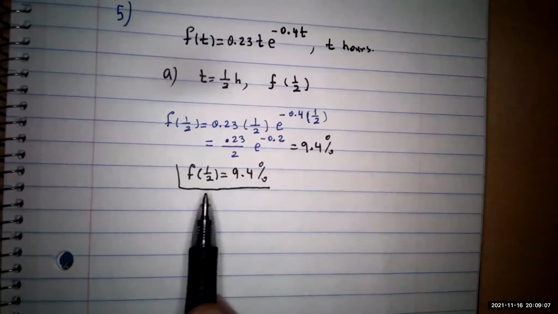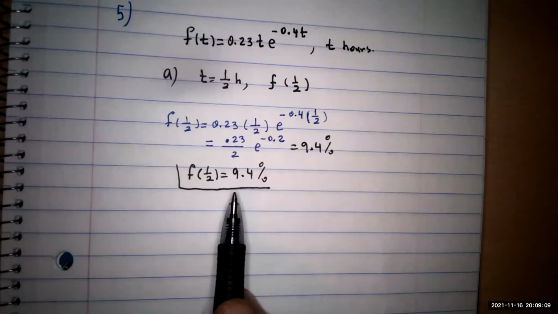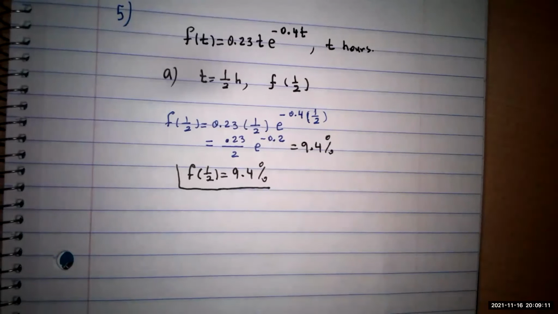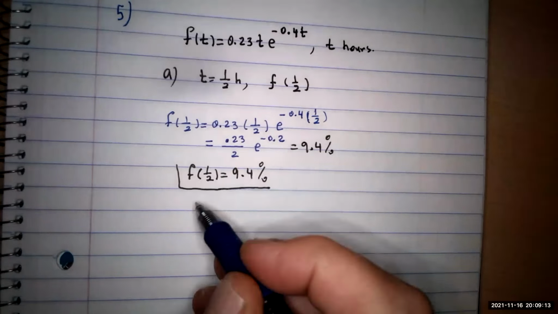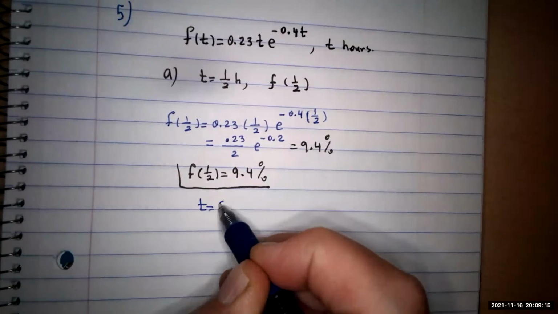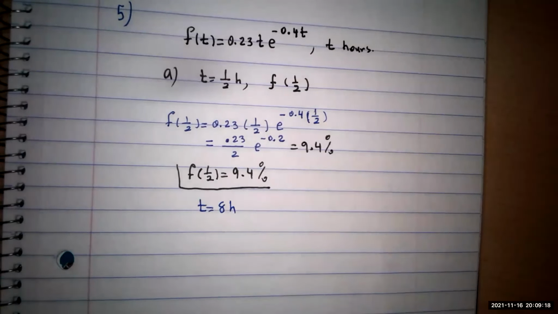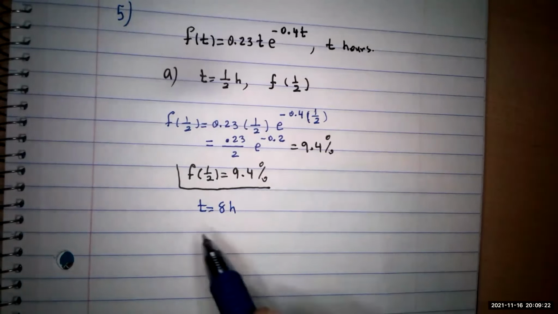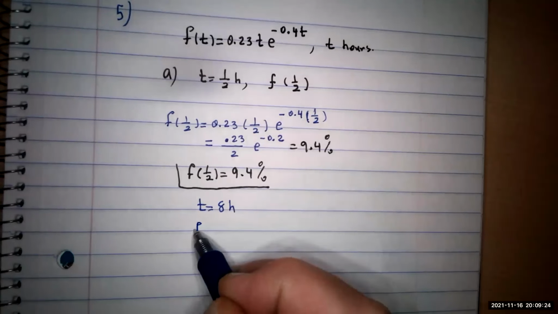So that's one half hour, and then they say after 8 hours. So the second part is going to be t equal to 8 hours. We are going to go to the function again, and we replace the t by 8.